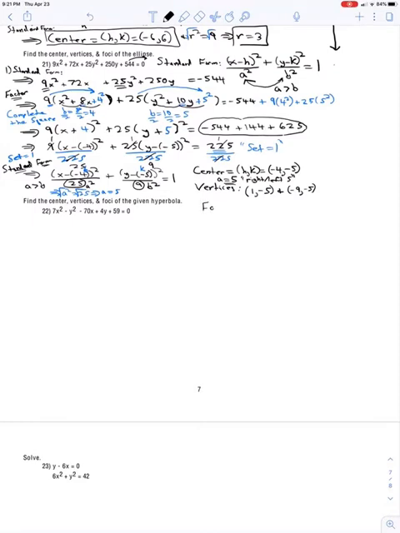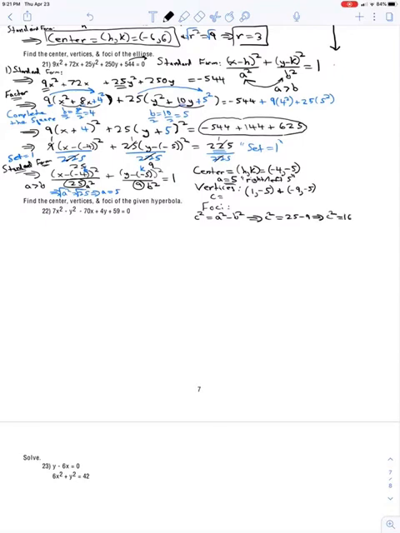And then, to find our foci, we need the value of c. Now, how do you get c? In an ellipse, right, c squared always equals a squared minus b squared. So in this example, c squared is equal to 25 minus 9.